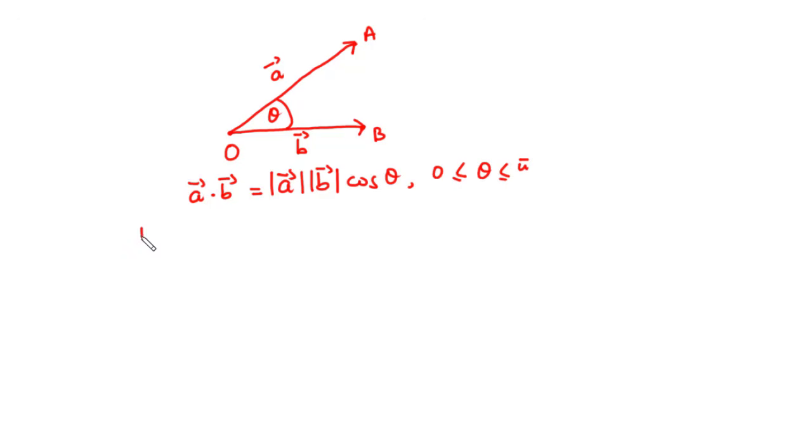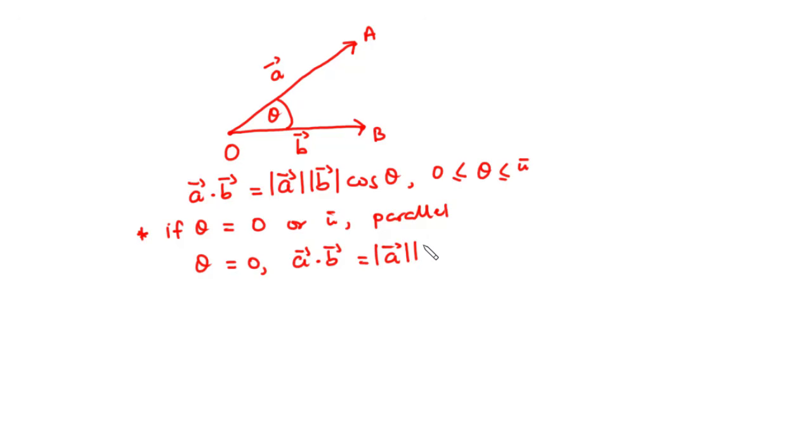Now if theta is equal to 0 or pi, then it means that the two vectors are parallel to each other. If theta is equal to 0, then the dot product of vector A and B is equal to the magnitude of vector A times the magnitude of vector B. Now cosine of 0 is equal to 1.